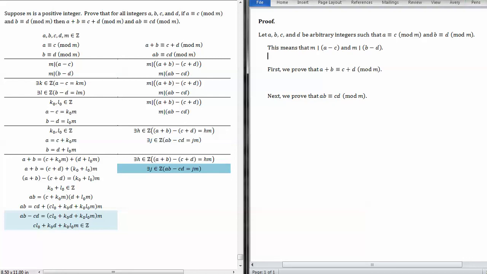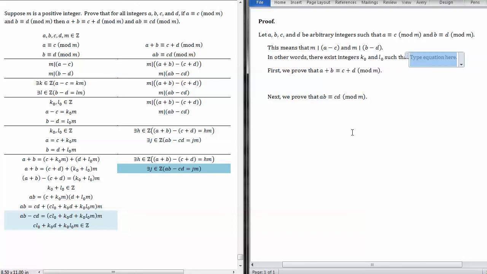In other words, there exist integers k naught and l naught such that a minus c equals k naught m and b minus d equals l naught m.